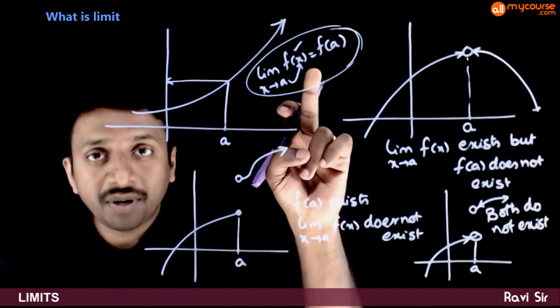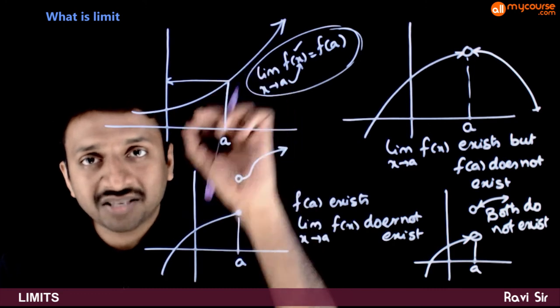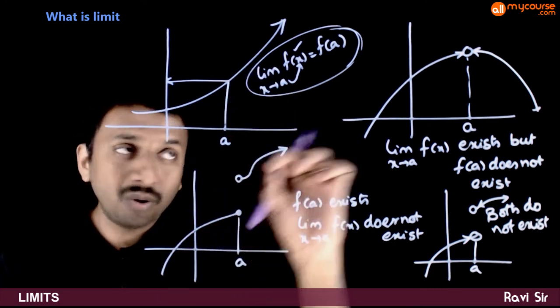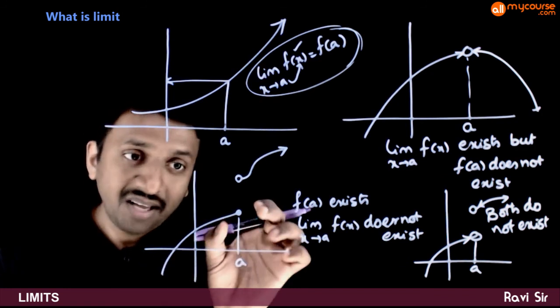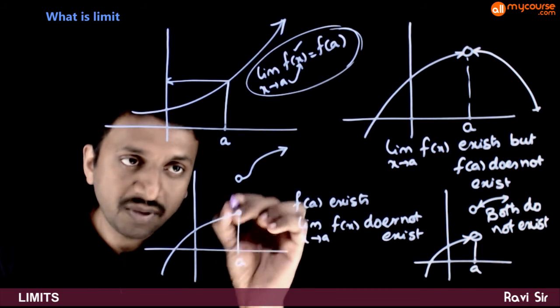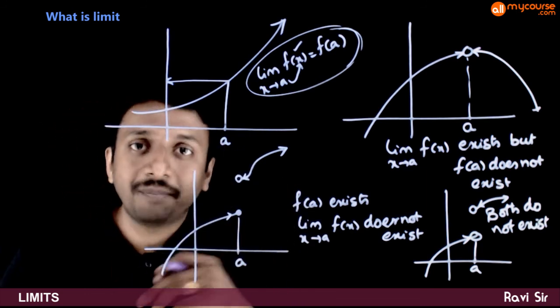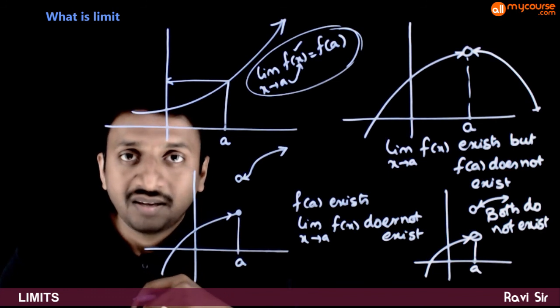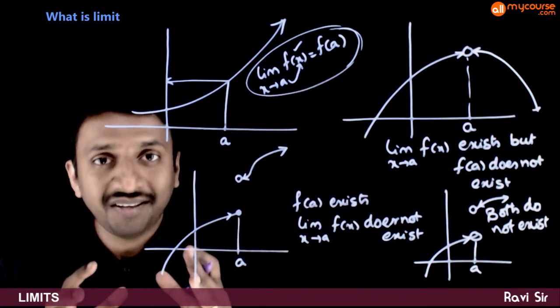But this can happen only if the function is nice, with no breakages or undefinedness. And if the function is piecewise defined, it is always advisable to find both the right limit and the left limit and compare them. So these are the things that we have learned in our very first topic.